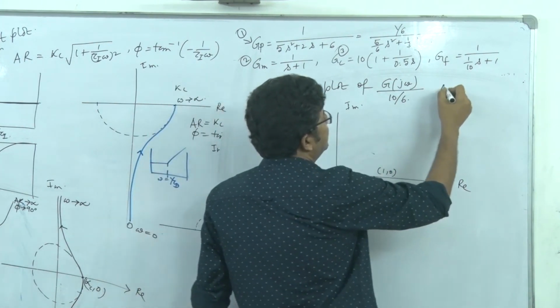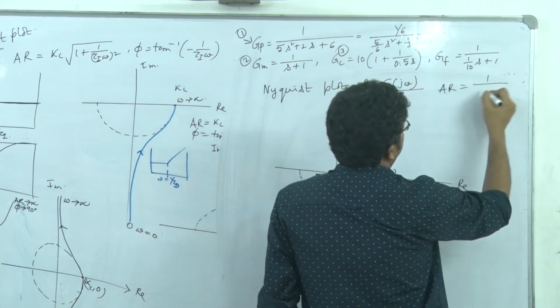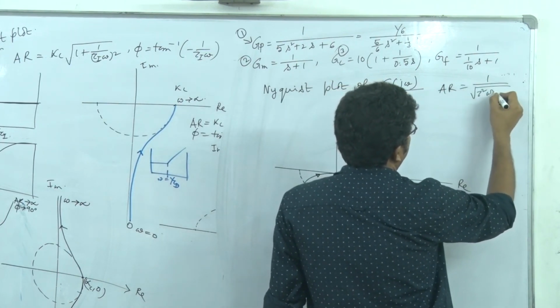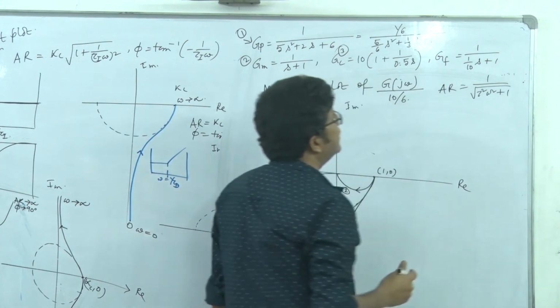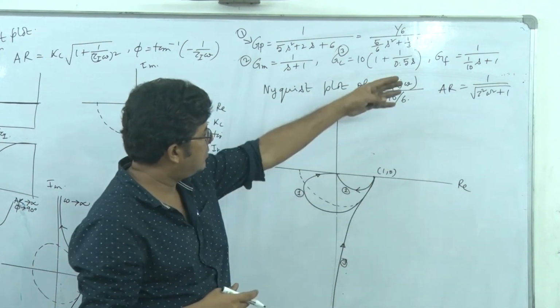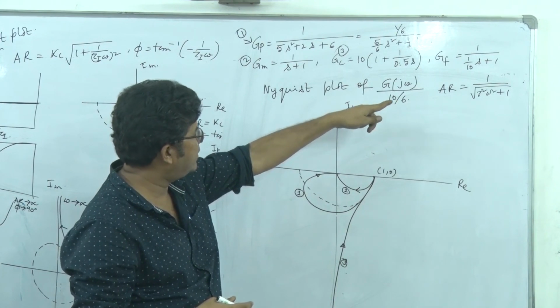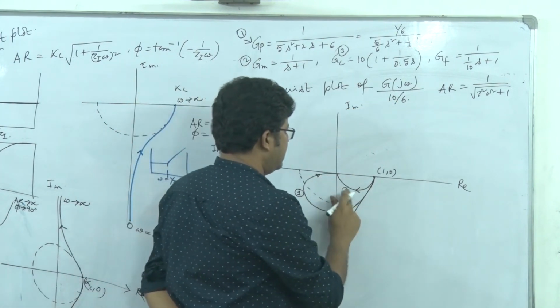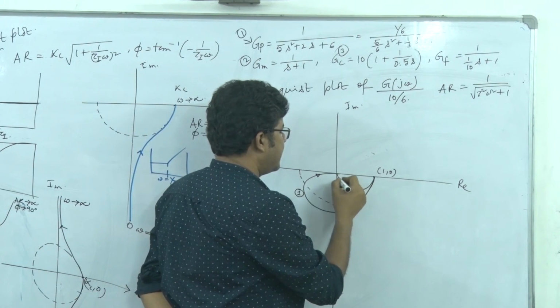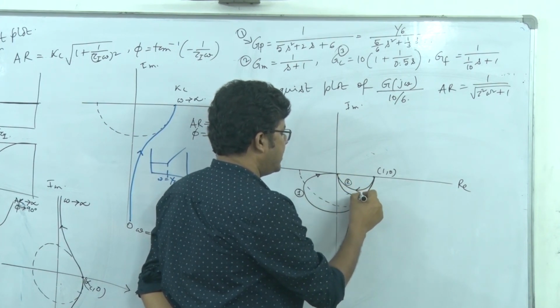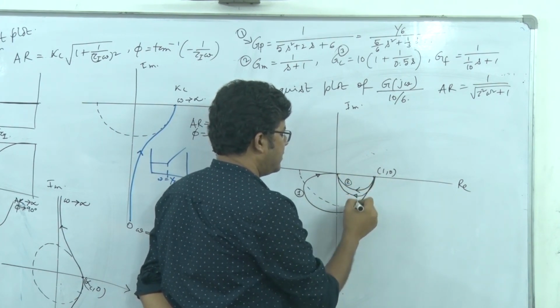So amplitude ratio, as we know, is 1 divided by the square root of tau square omega square plus 1. As tau is much lower here, we'll have a higher value of AR. So if this is 2, 1 will be something like this.